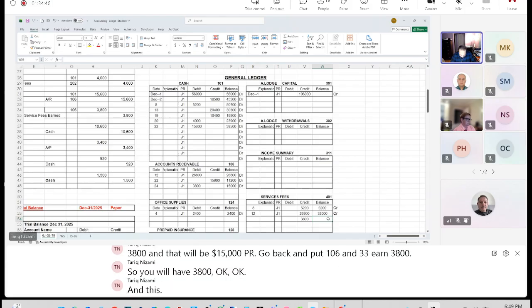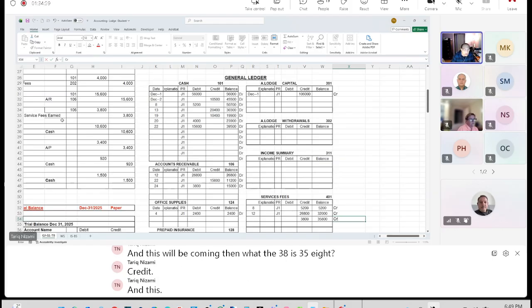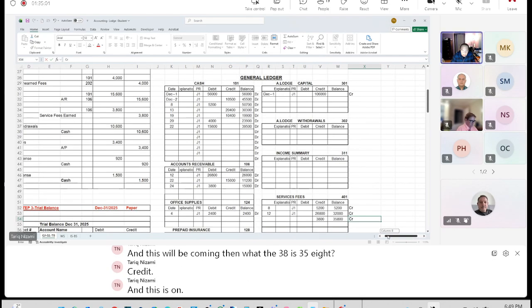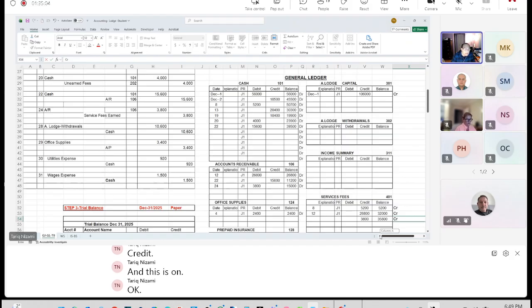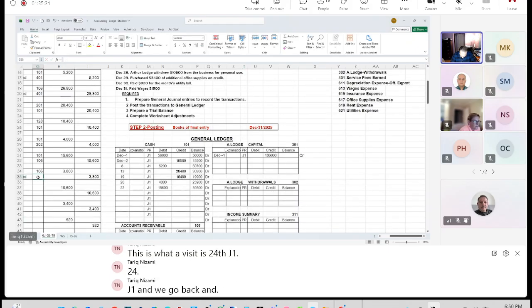And this will become 35.8 credit. This is on the 24th, J1. And we go back and put 401.